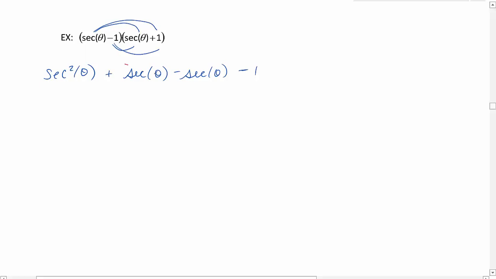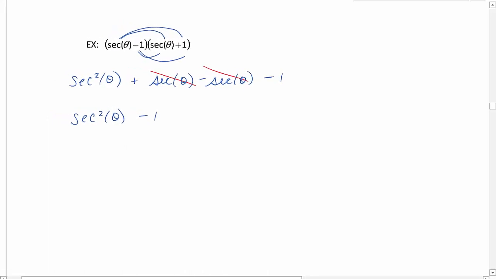Well, our secants in the middle are going to cancel out, and we're left with secant squared theta minus 1. And then from here, we have two options as well. I like to show you both, so whichever one your brain feels more comfortable with, that's the route I want you to take.